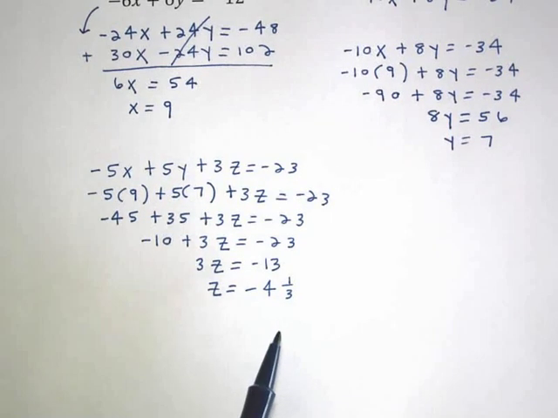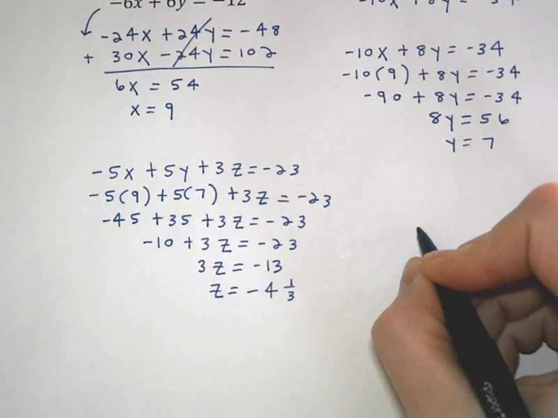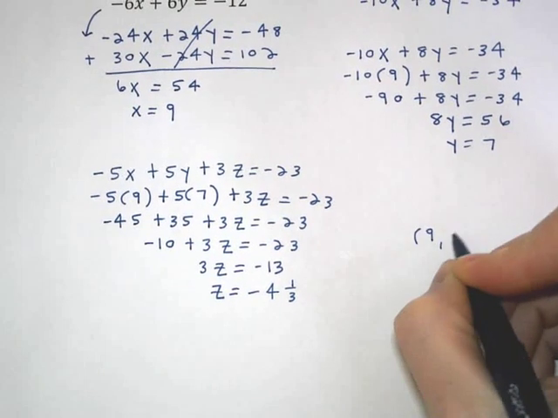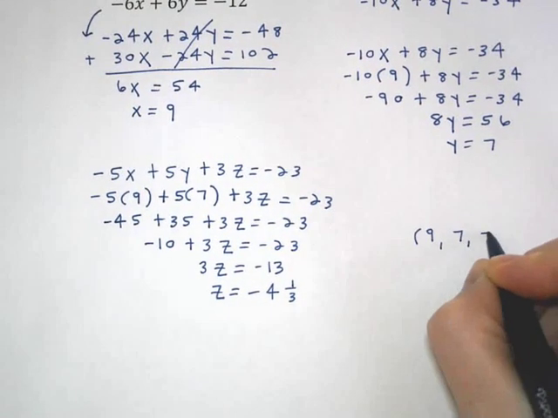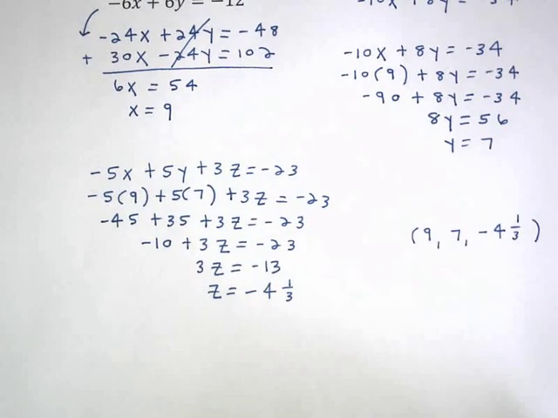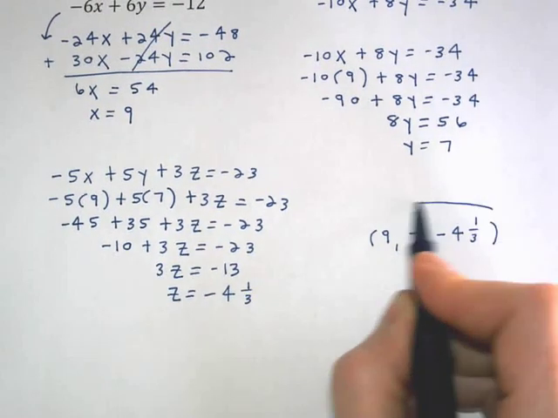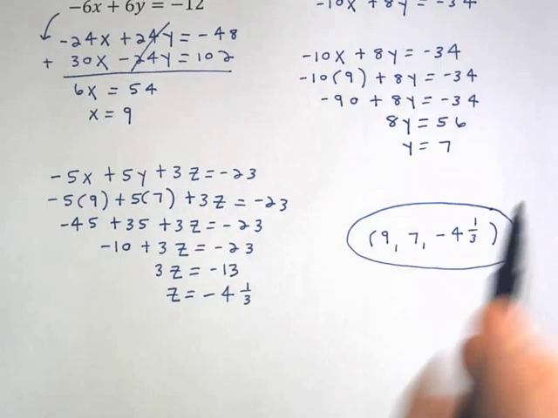However, considering the fact that I'm totally winging this and, like I said, wrote the problem down wrong, that is pretty darn good. So final answer to put it all together into an ordered triple would be 9 for x, 7 for y, and then negative 4 and 1/3 for z.